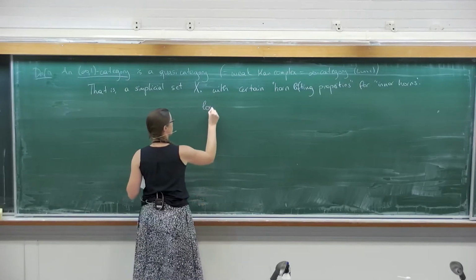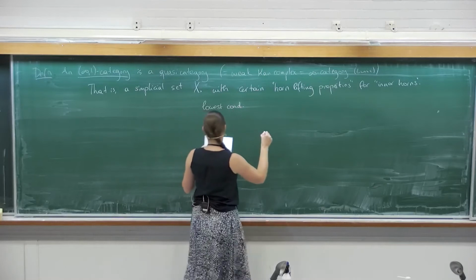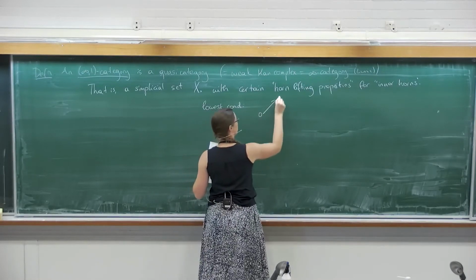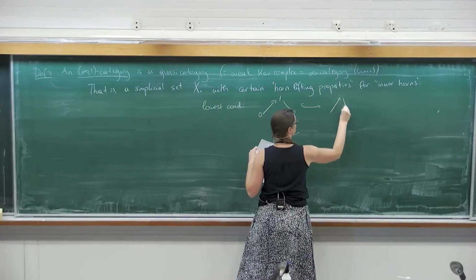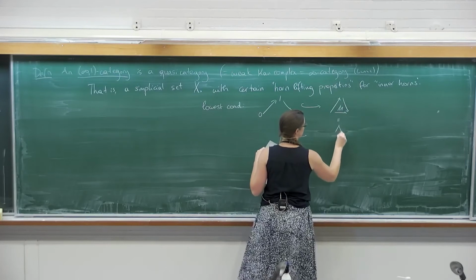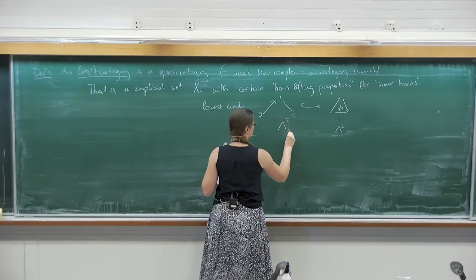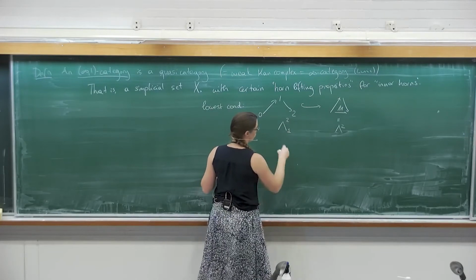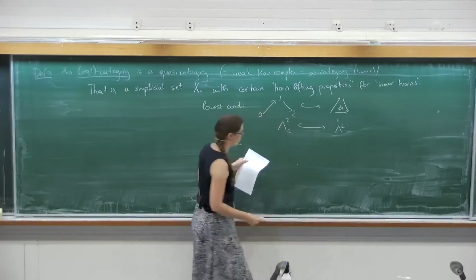So the lowest condition is taking 0, 1, 2 inside the 2-simplex. This is delta 2, and this is the 2-horn, well, the first horn sitting inside delta 2.